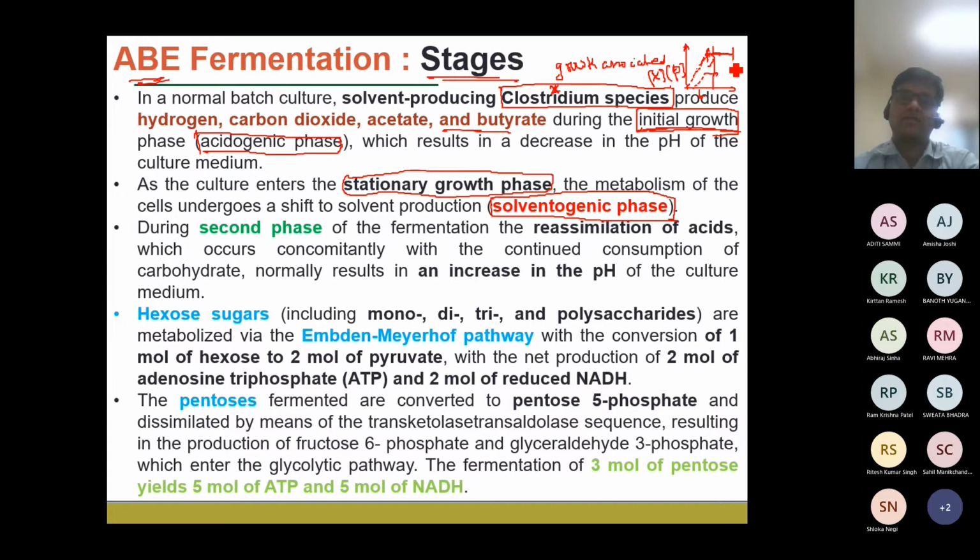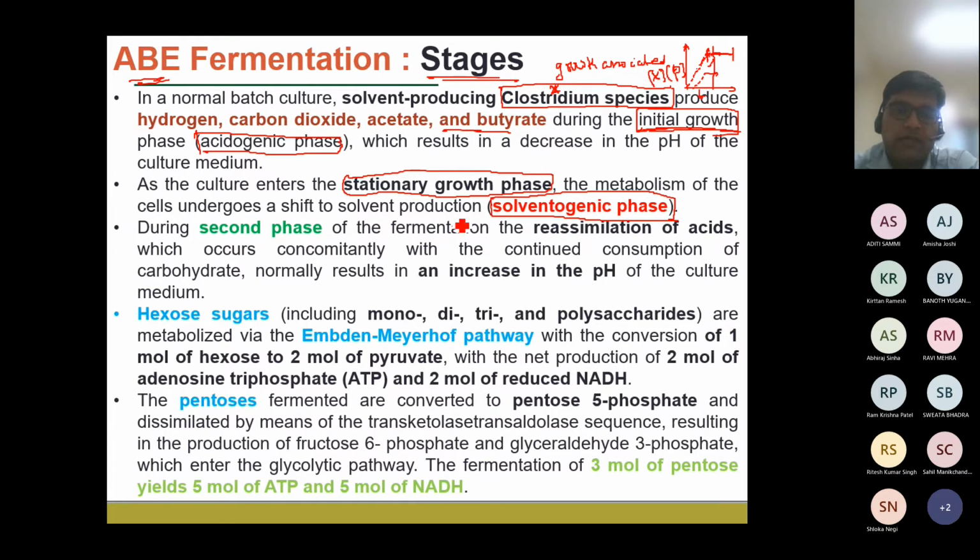That means it is carrying out all the activities in the metabolic pathway that are required to keep the microorganisms alive. During the stationary phase, it produces the solvents, acetone, butanol, and ethanol. That's why this phase is called the solventogenic phase.